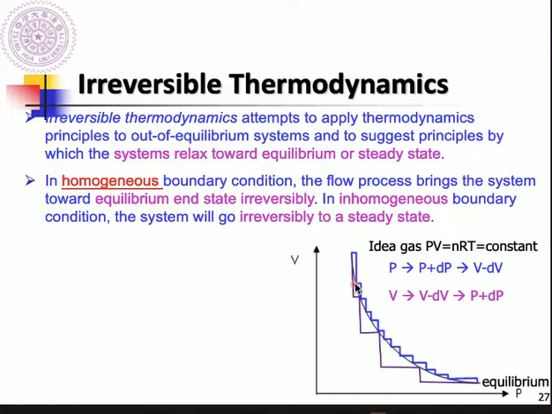Then we apply another driving force to increase the pressure again. Then the system will go toward equilibrium condition, from the non-equilibrium or deviated condition toward the equilibrium condition. The same thing we repeated. Then the blue curve represents the irreversible thermodynamic process.